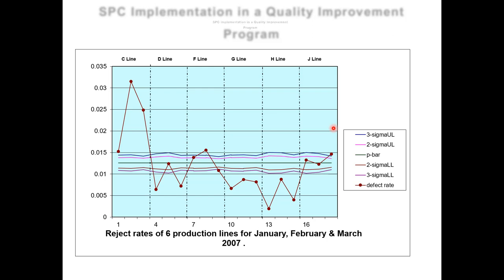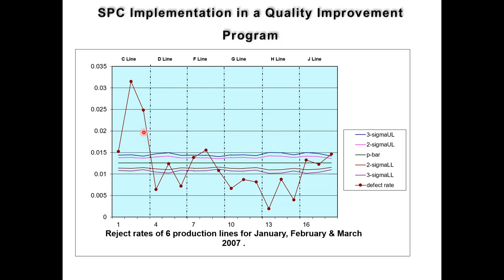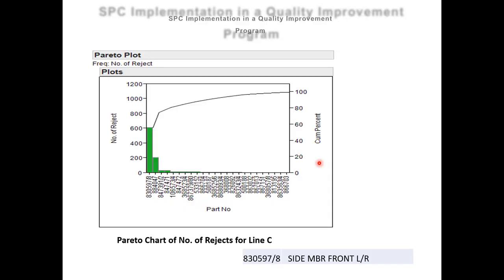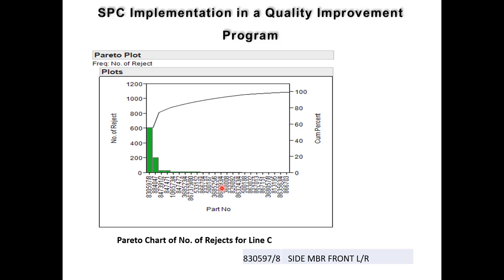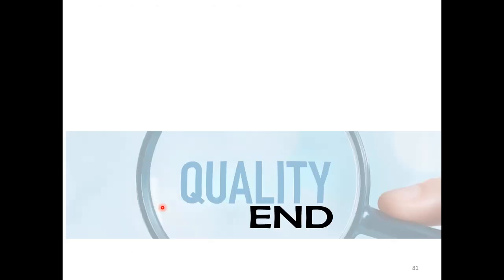From this data set, they come up with this control chart, and it obviously shows that the process is not in statistical control. And this is the Pareto chart showing exactly which particular product has problems, and they need to give more emphasis to improving the quality of the process.